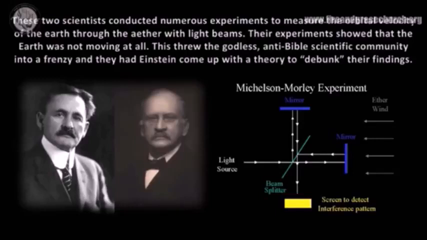Now, they expected, these guys believed the model, the lie, the Copernican model, they believed they were going to measure how fast the earth was moving. Their experiment showed it wasn't moving. And they were like, well, what's going on? And they repeated these experiments over and over again and came up with the same results, true science, the earth's not moving. So Einstein comes up with a theory to debunk this, to get rid of the ether so he can debunk their experiment.